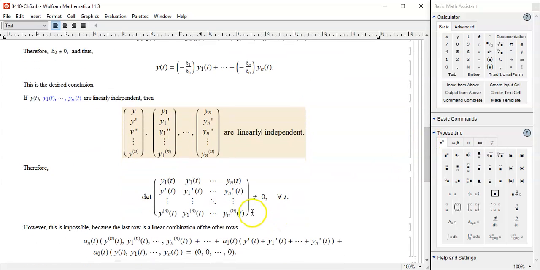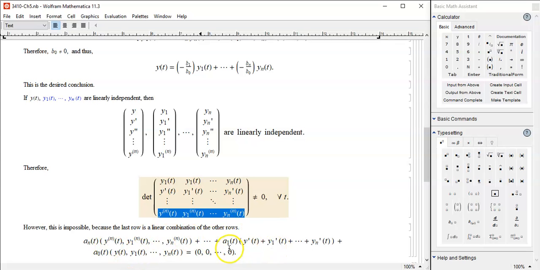So put all those together and go to the Wronskian determinant. These are linearly independent, so the Wronskian is always non-zero. However, this is impossible because the last row here is a linear combination of the others, as a matter of fact.